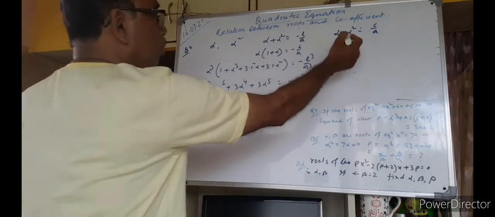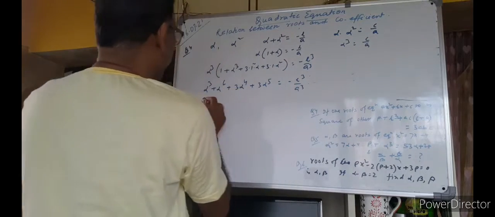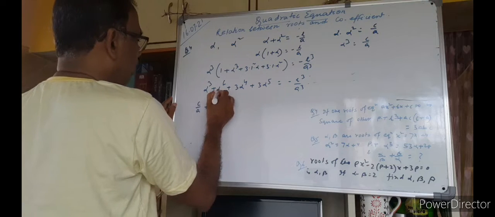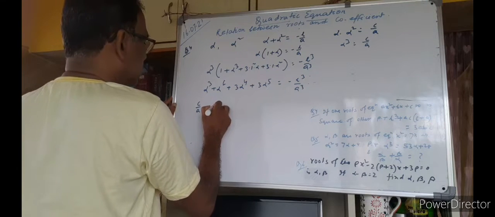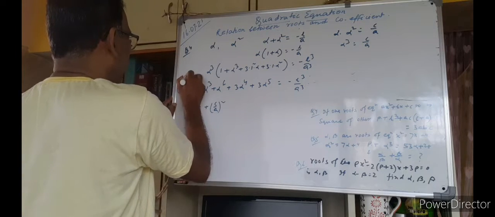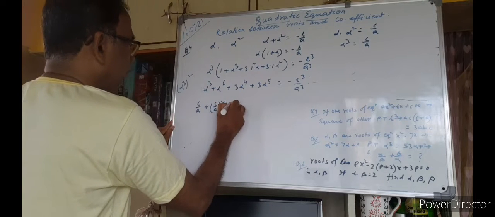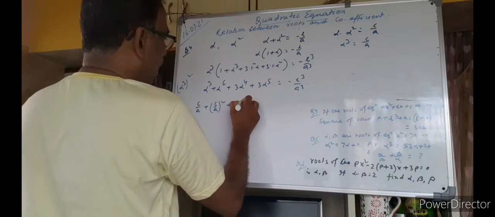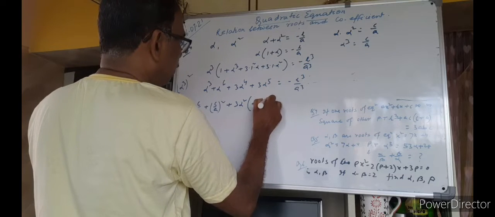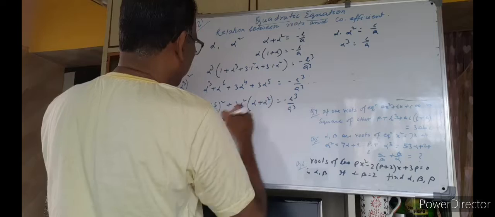Alpha cube value is c by a. Put it here. Alpha to the power 6 means alpha cube whole square, that is c by a whole square, plus 3 alpha square common, alpha plus alpha square, equals minus b cube by a cube.